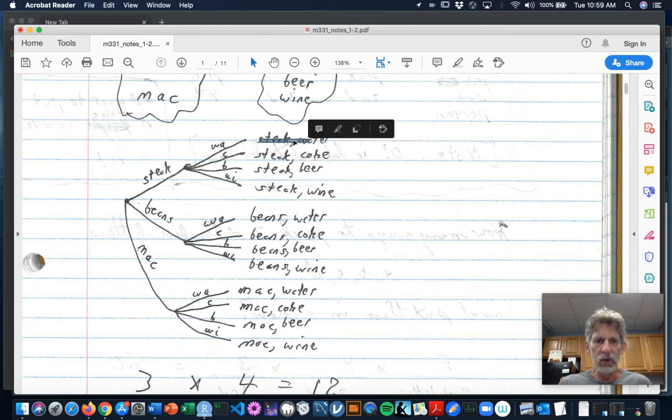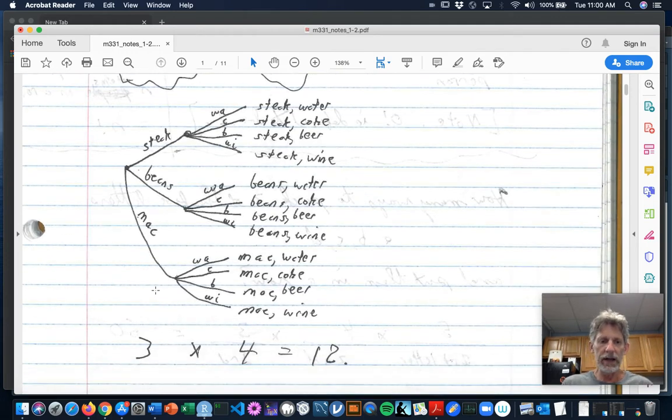You've got steak and water here, steak and Coke here, and so on, all the way down. If you count them up, that's 12 things, which is no surprise because you had three choices for your main course, and then no matter what choice you made for the main course, you had four choices for your beverage. 3 times 4 in the tree would make 12 little leaflets at the end of the tree.